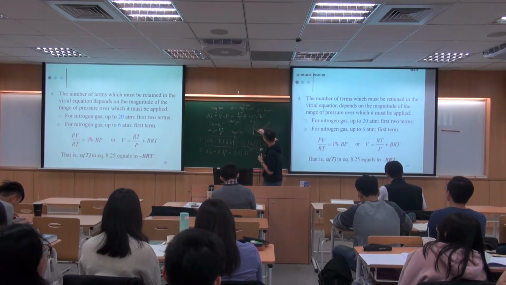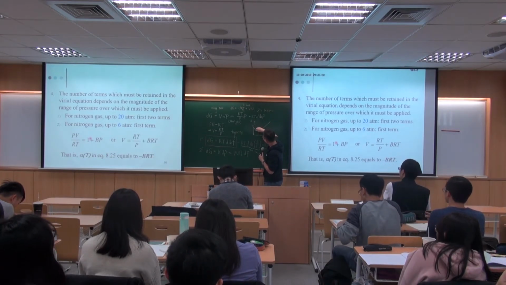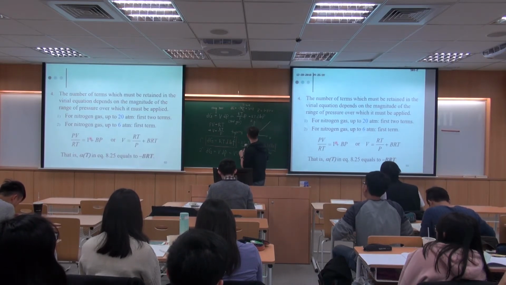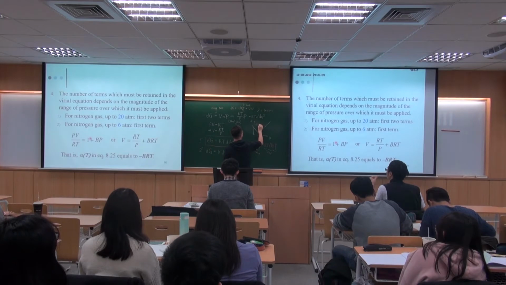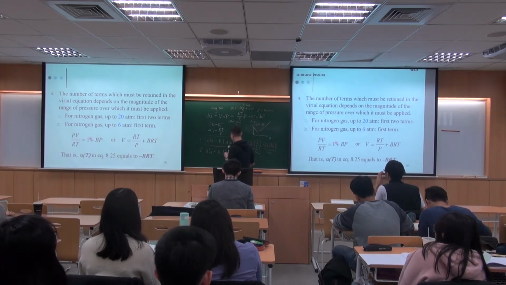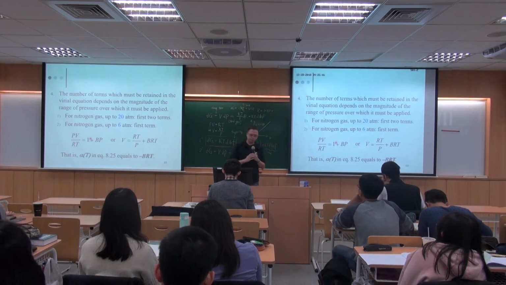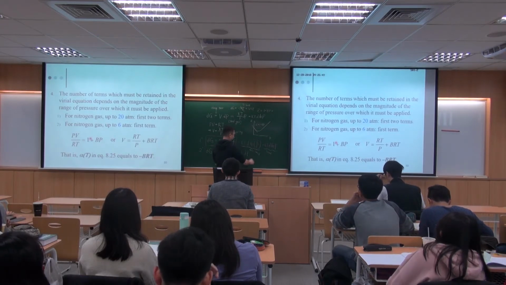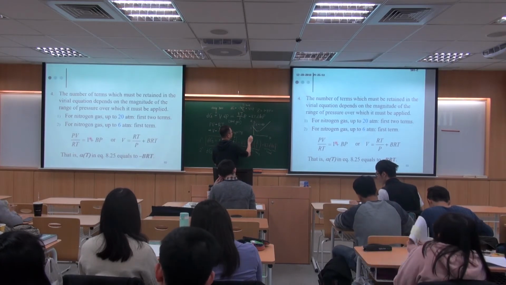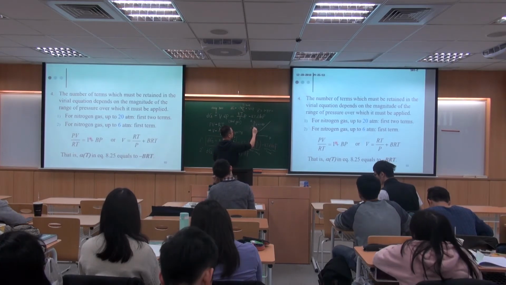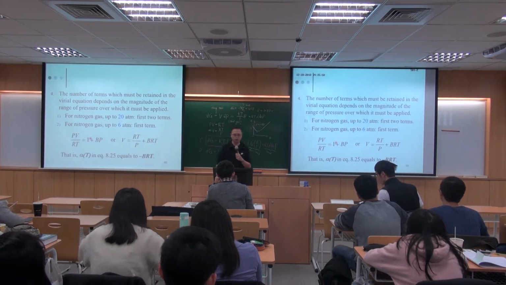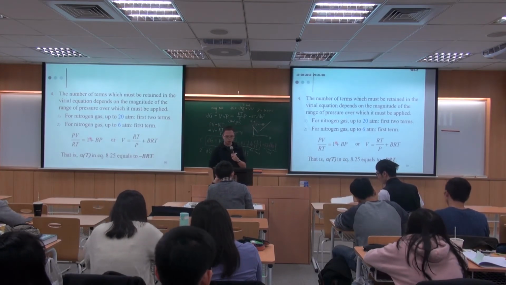So if you're in the low pressure regime, you should be able to use just a linear approximation. Therefore, Z is 1 plus BP, right? So you only need the first term. And of course, here is 1. We know that when the pressure is 0, this factor Z should be close to 1.